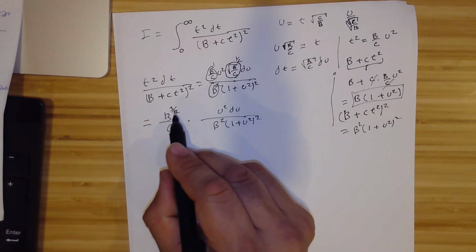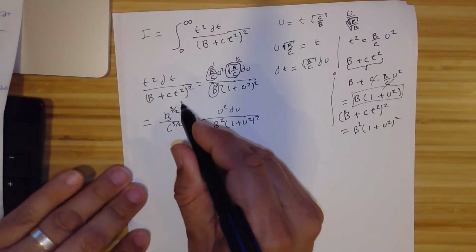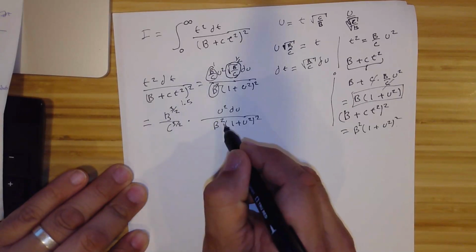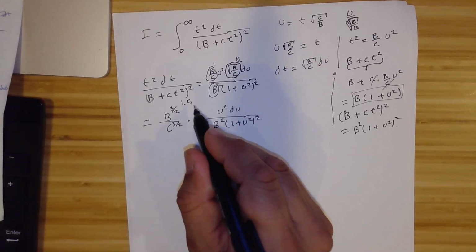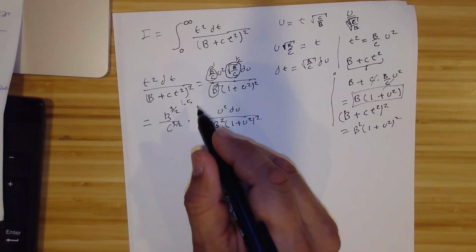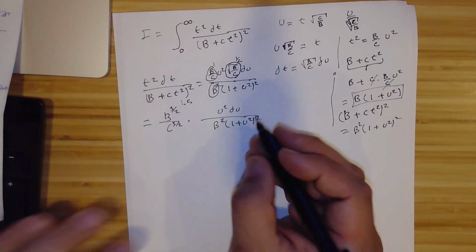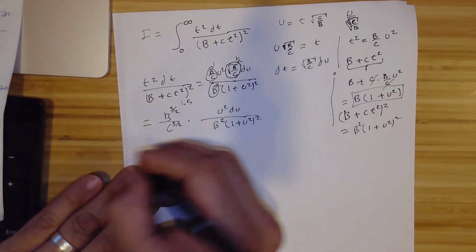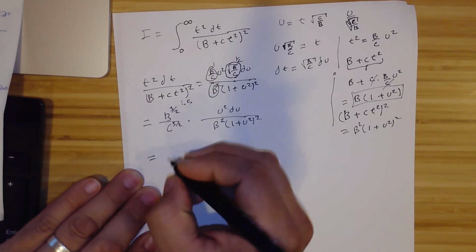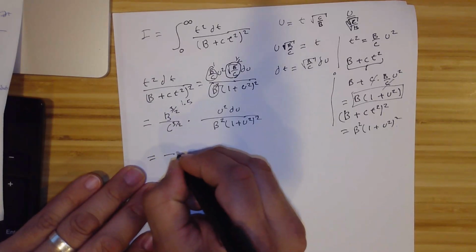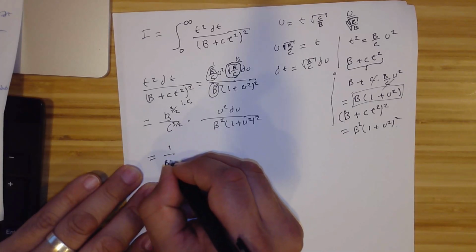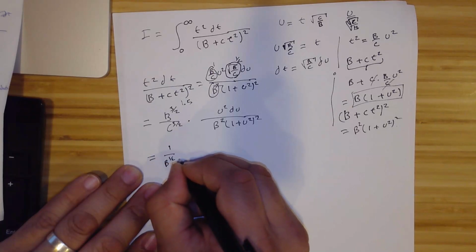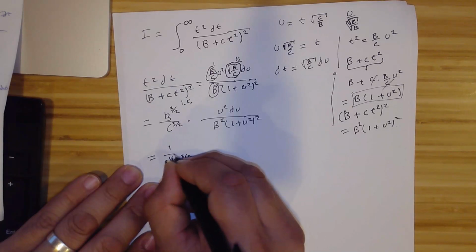If I remove it, this is 1.5, right? And this is minus 2, 1.5 minus 2, we will have a negative 0.5, right? So we will have something like this, 1 over b to the 1.5, c to the 3.5.